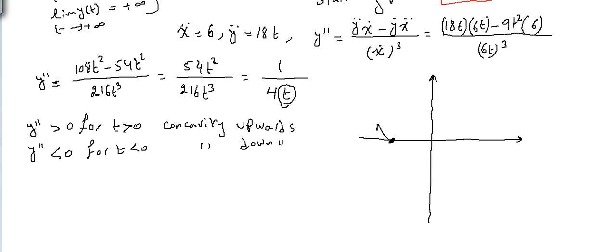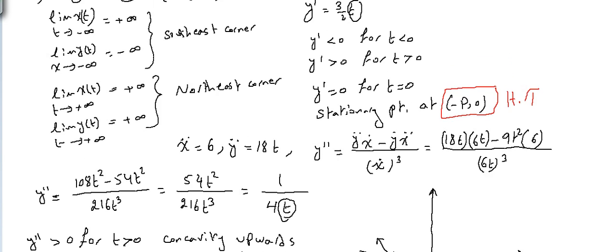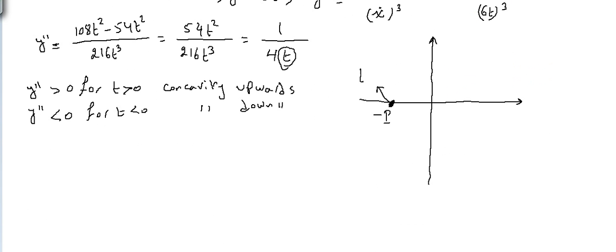This is negative p, 0, the stationary point. When x is negative p, we said t equals 0.